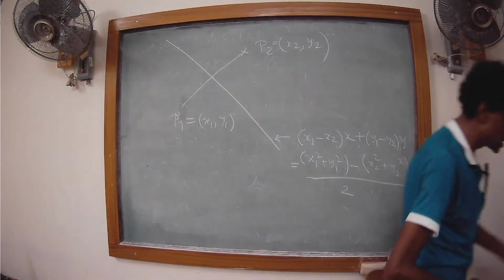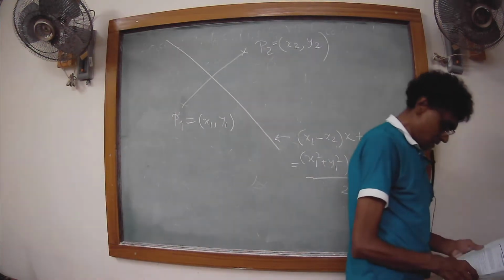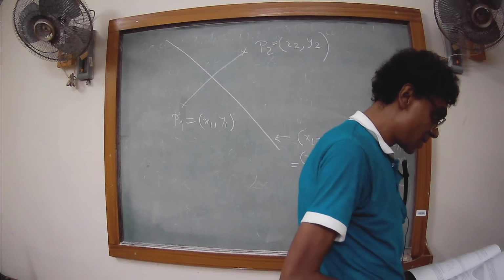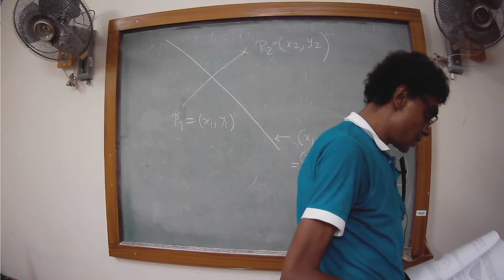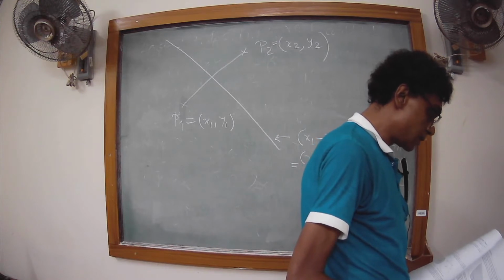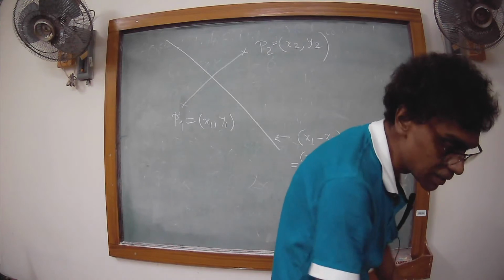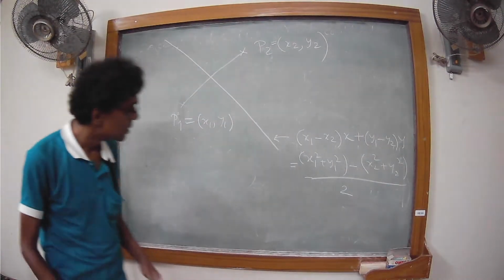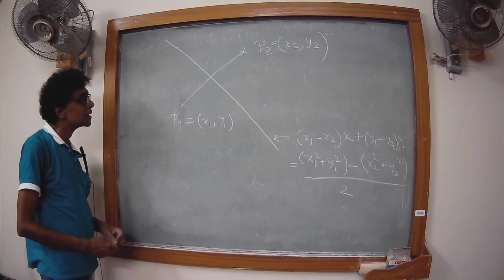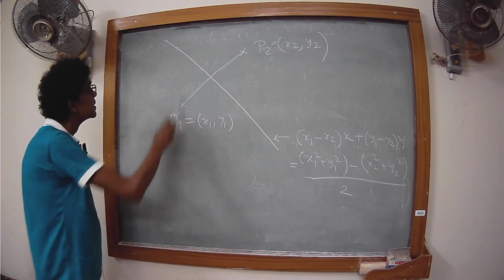Okay, I will just check whether I am making any mistake. This is fine. x1 square plus y1 square minus x2 square plus y2 square. Yeah, this is fine. Okay, good. Now, this is the equation of this perpendicular bisector.